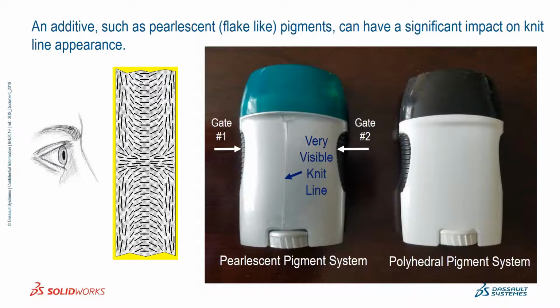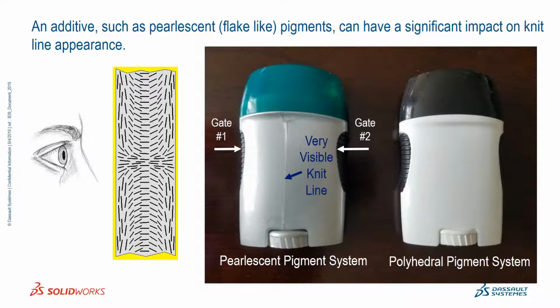The part on the left is compounded with a pearlescent pigment, which is really a flake, a platelet that has some sort of coating on it to give it the color effect. People really like these pigments because they're almost metallic looking. They give you an interesting look, but at the weld zone, because the orientation of the platelet is different, the appearance is very, very different.